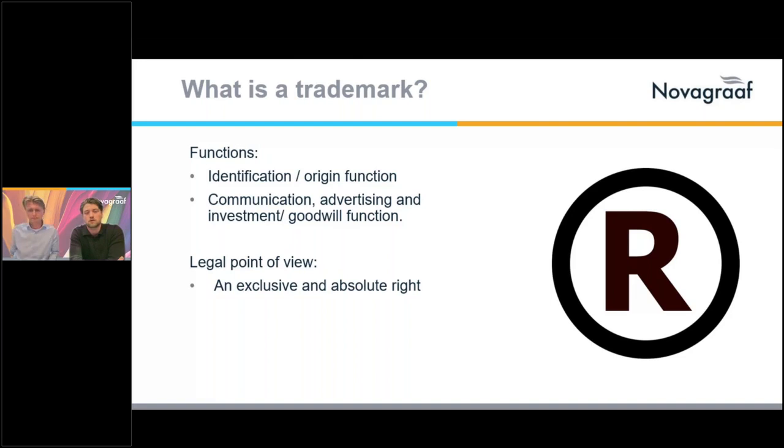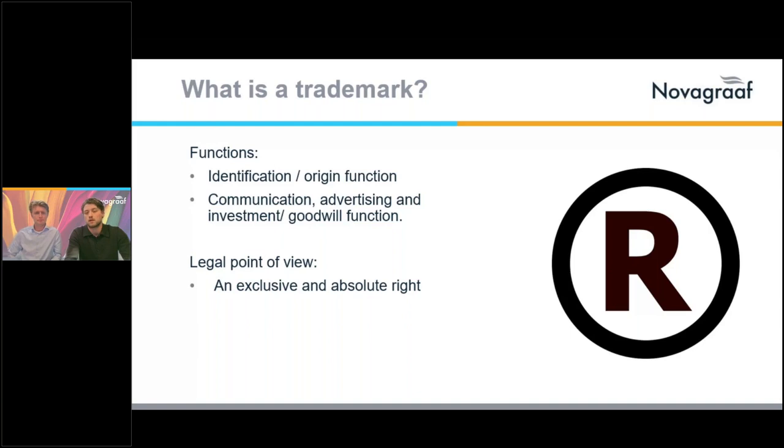Well, first of all, it has an origin function, so the public knows where specific goods or services originate from, and of course an identification function, so that when people have purchased certain goods or acquired certain services, they may identify the same or other goods or services after their experience with the previous goods and services. And of course, for companies, it has an important communication, advertisement, and investment function to the public, and well, also the goodwill function.